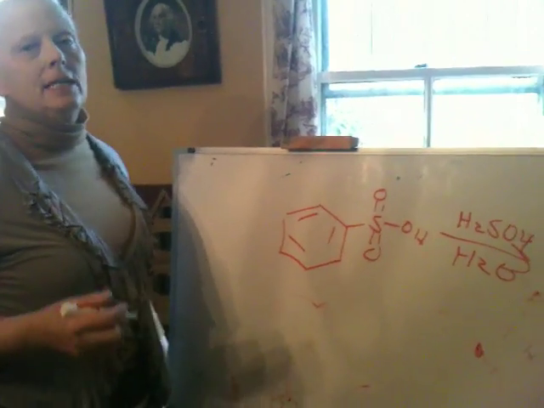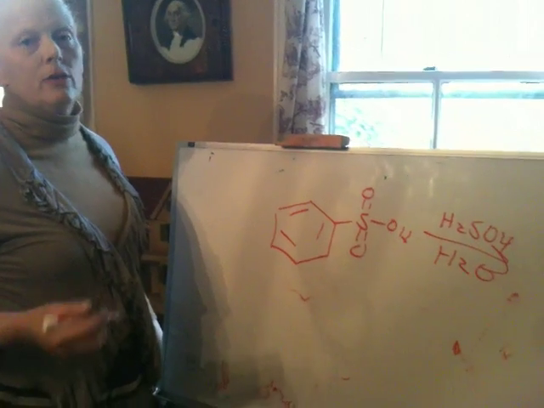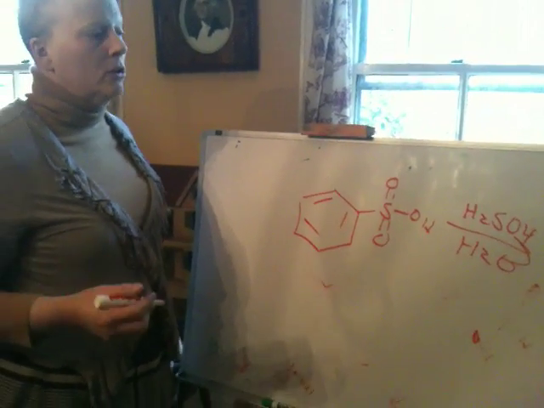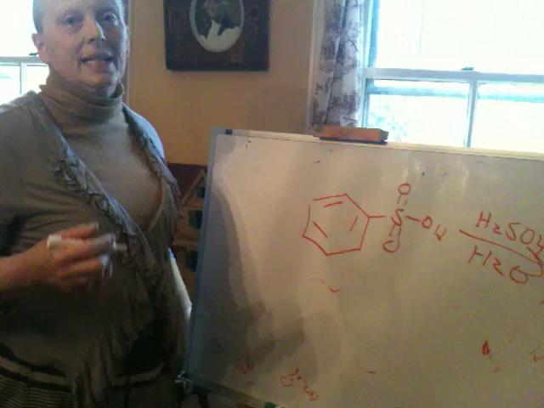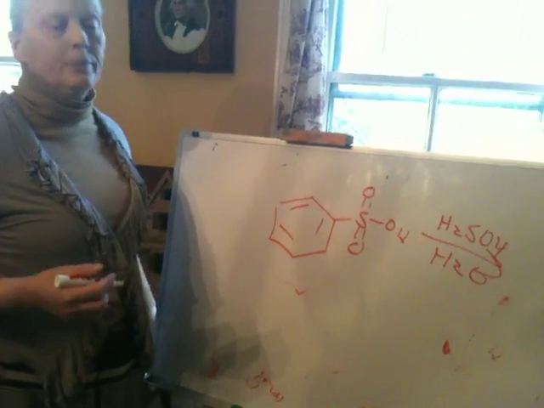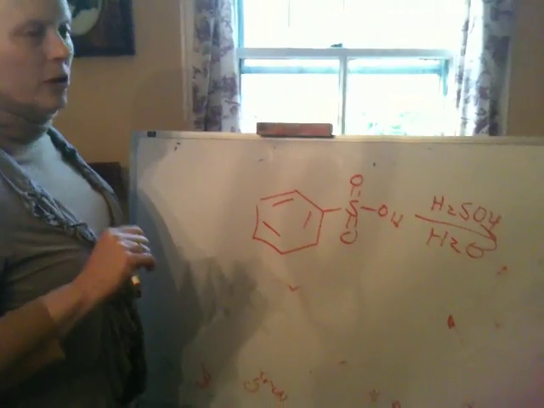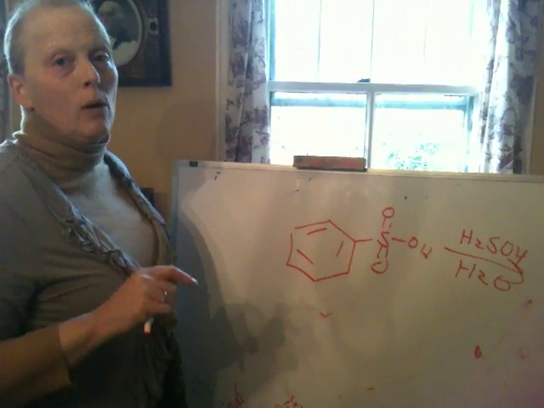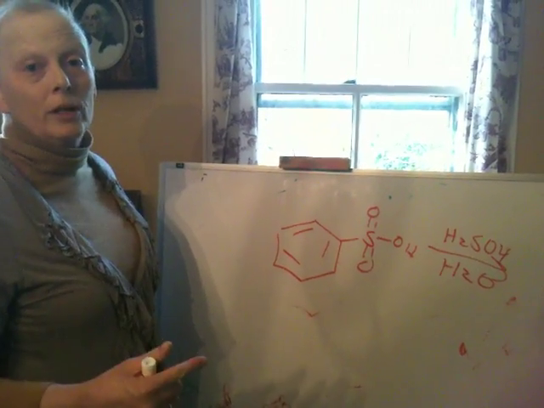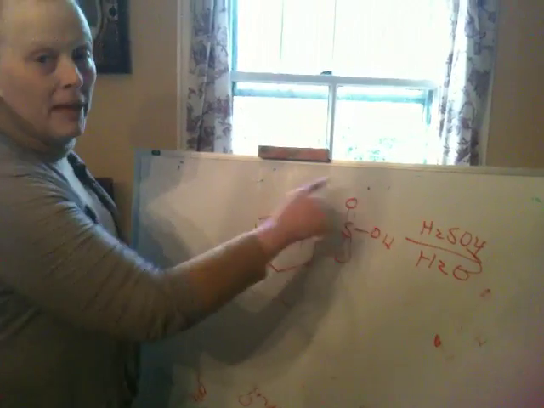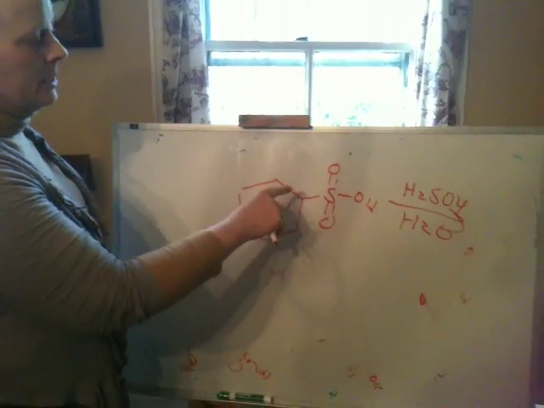And what I said in class is you should consider the principle of microscopic reversibility. What I told you was that reactions go backwards exactly the same way as they go forward. There's actually a couple ways I could write this, but when you're going backwards, you just have to think about what was the last step going forward. The last step going forward to make a sulfonate is deprotonation.